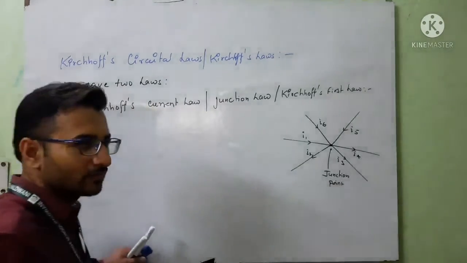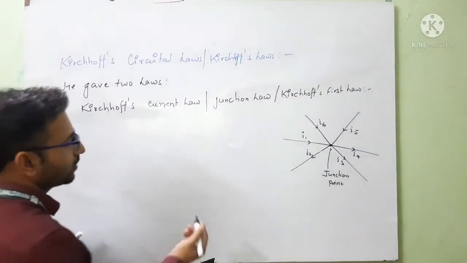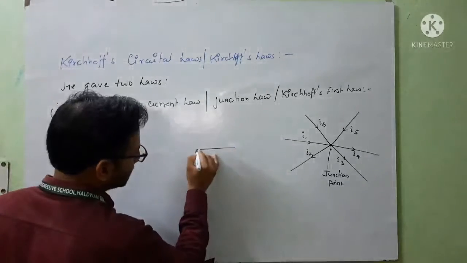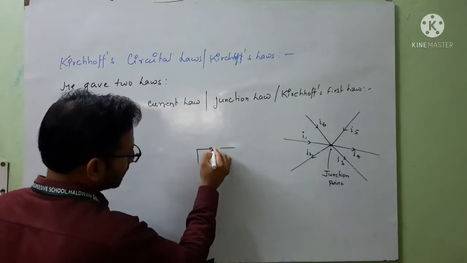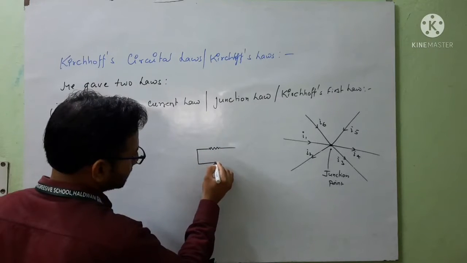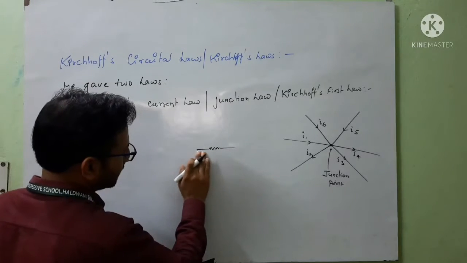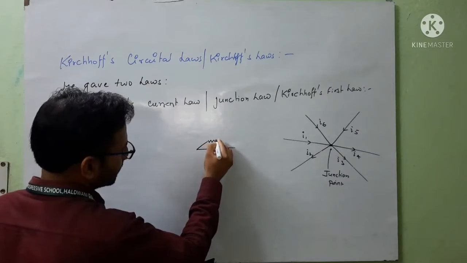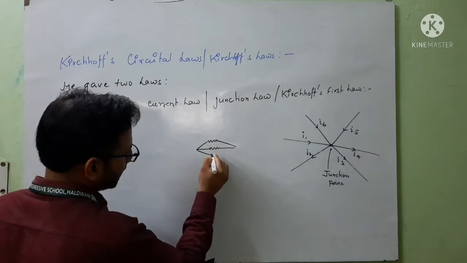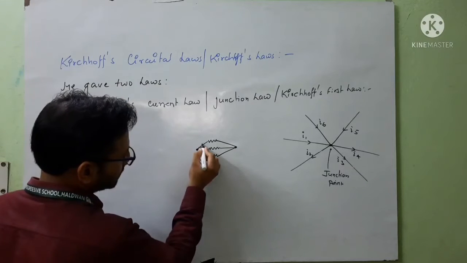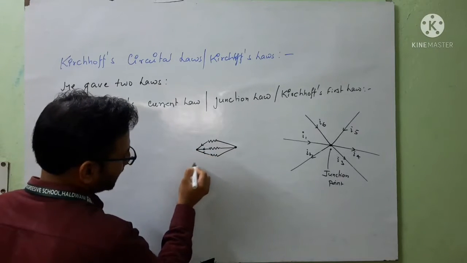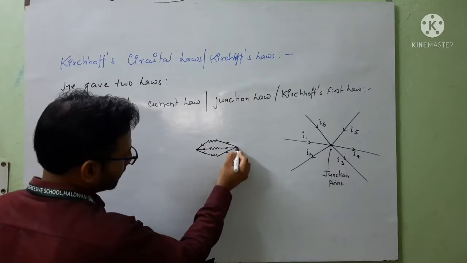Now if you have any confusion about where we have a junction and how we show the junction point, think about the resistances which we have taken in parallel combination form. This is called the junction, in which the current is moving like that.